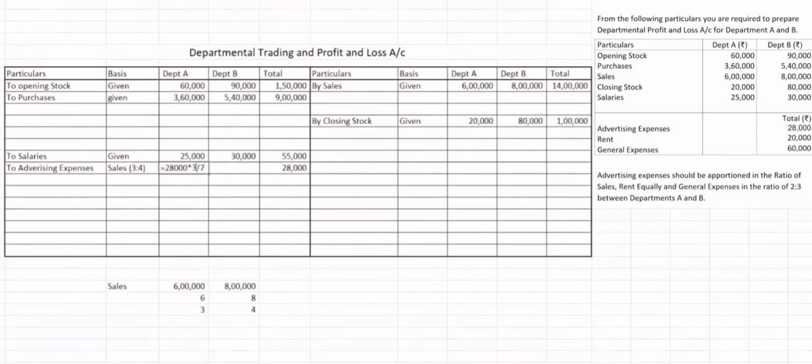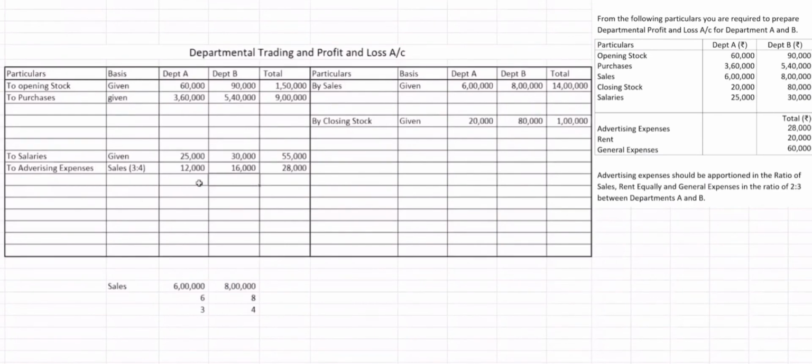The total of the ratio is 7. So it is coming as 12,000. And here 28,000 multiplied by 4 divided by 7. So it is coming as 16,000. Okay, so advertising expenses we have divided.